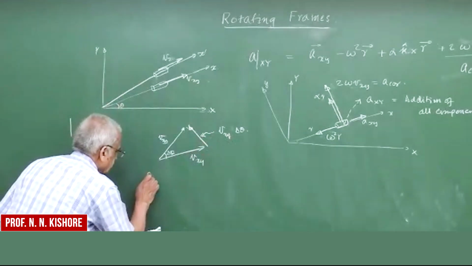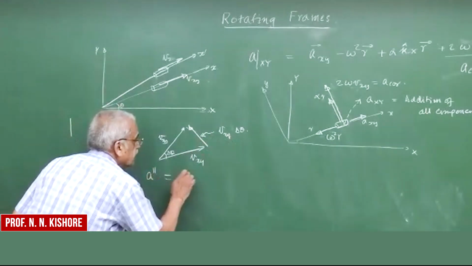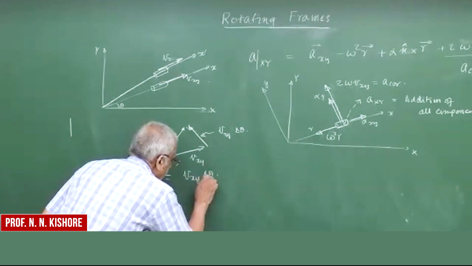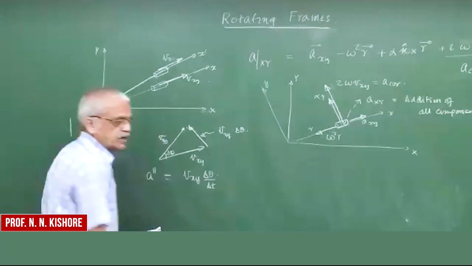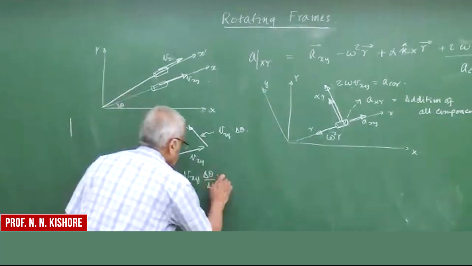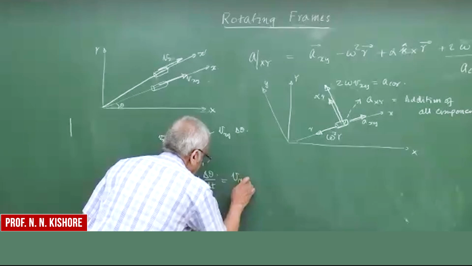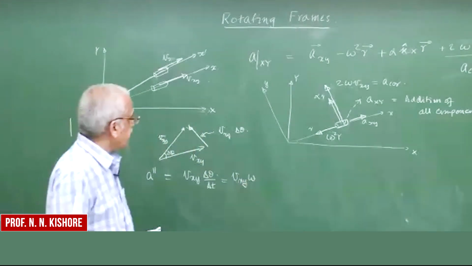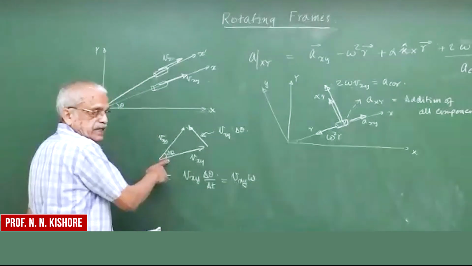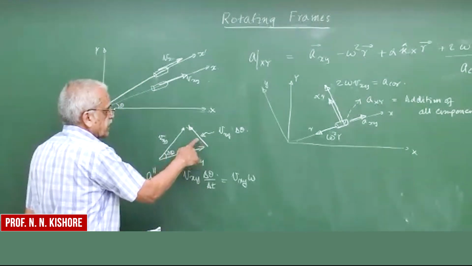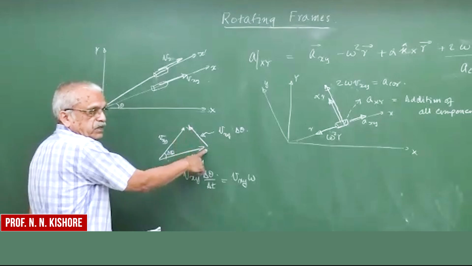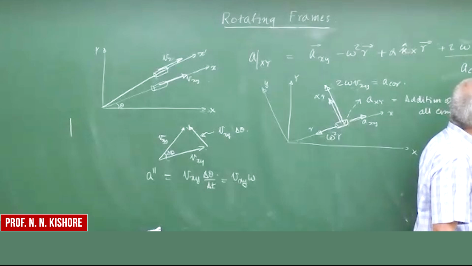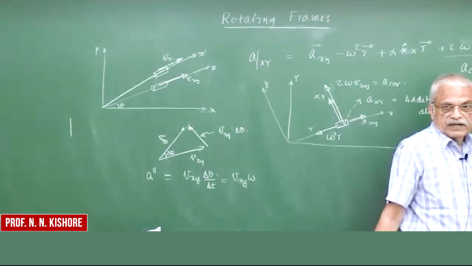So what is the acceleration component? It is again omega times Vxy. If you look at the directions, when delta theta is small, this is perpendicular to Vxy itself, while the earlier one is perpendicular to the radial vector direction.